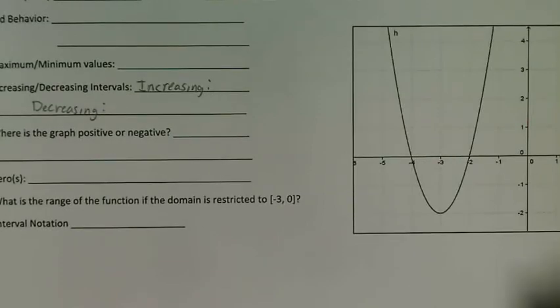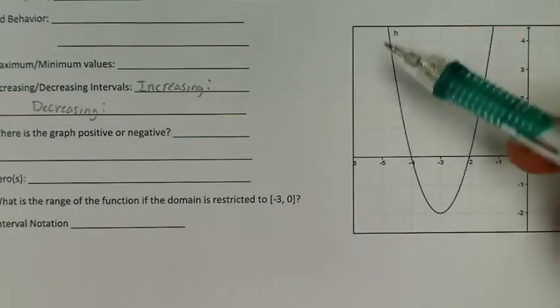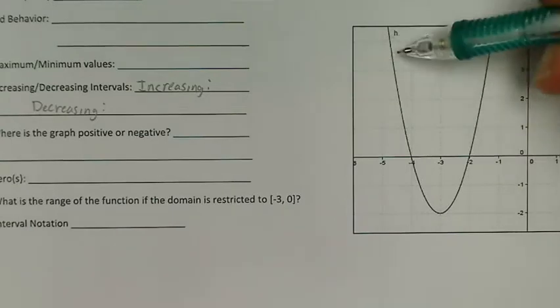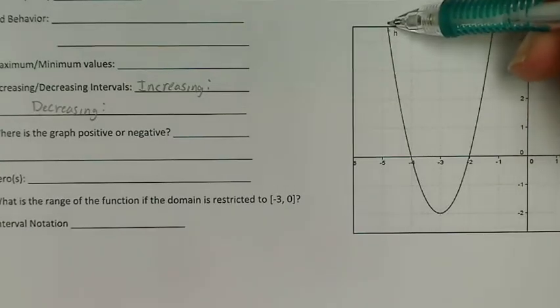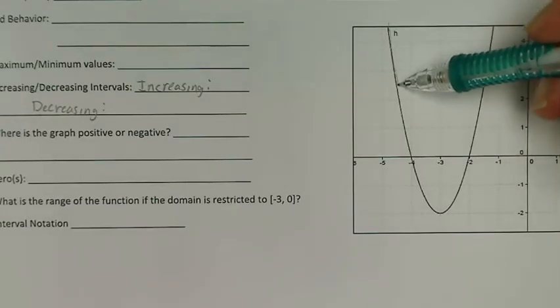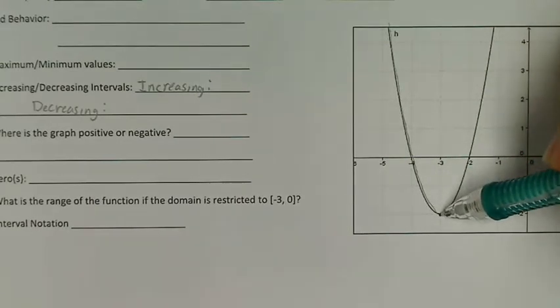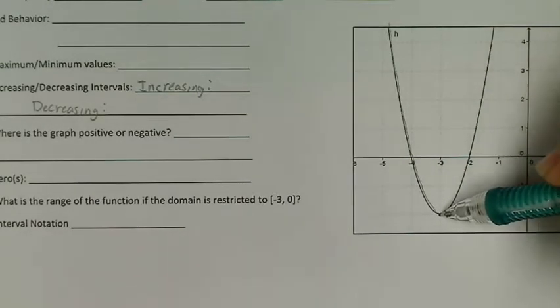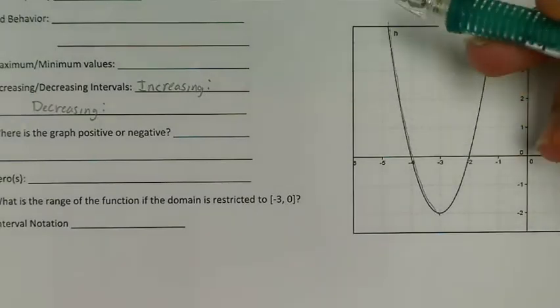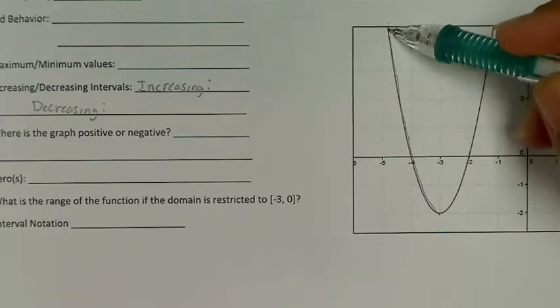You should notice that this graph does both, because if we're going left to right, if you put your pencil on this graph and kind of trace it, what's happening as I move my pencil from left to right? Well, it's falling. So what did we just say that was? We called that decreasing. Where is it decreasing from? What x values?